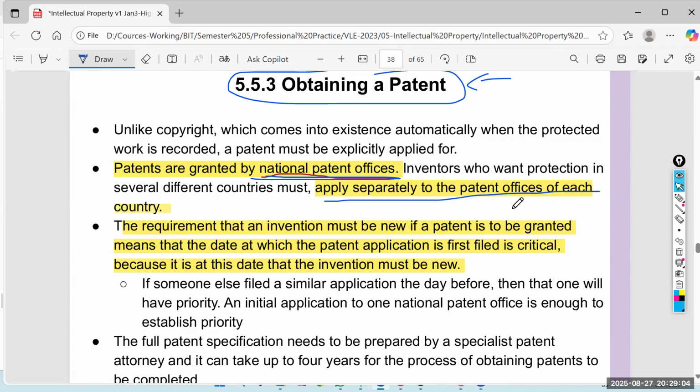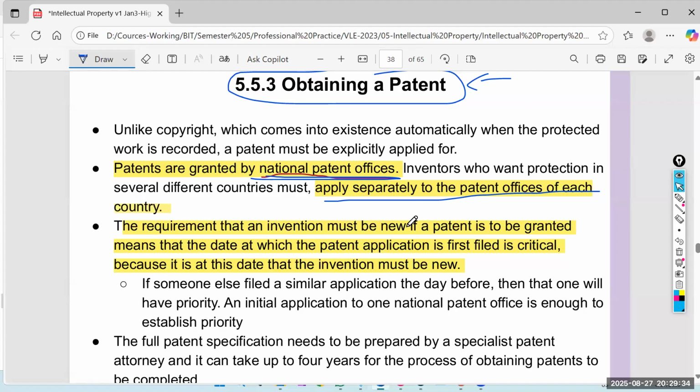Then it is reviewed by experts in that relevant area, like university professors and so on. Only if they decide that it's an innovative thing with possible applications, they register it as a patent and give you the patent certificate.